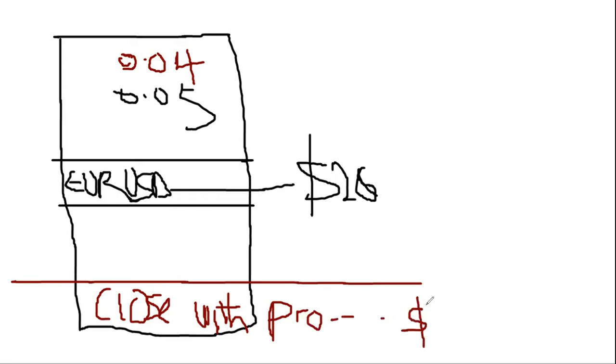Now, if you have $16 profit being made, then it means that you can close this in profit.